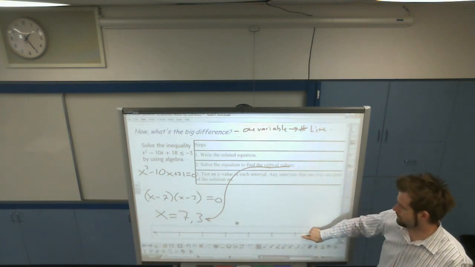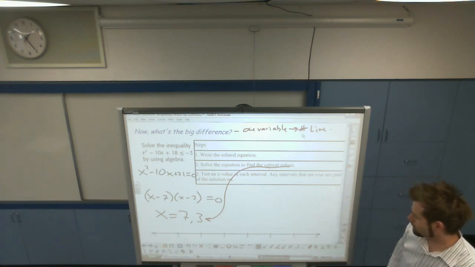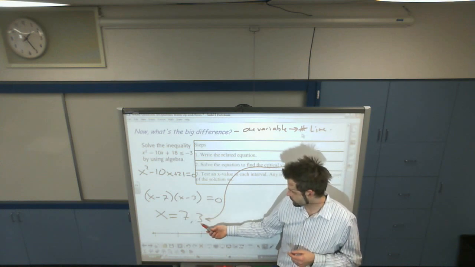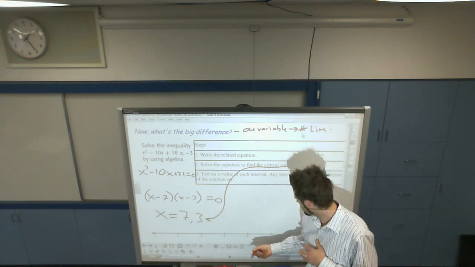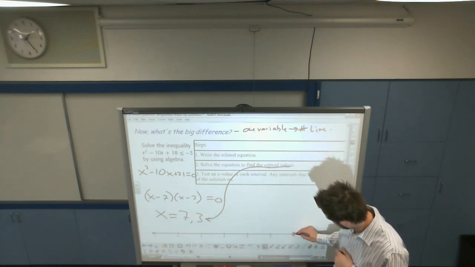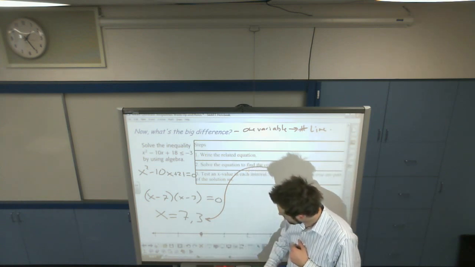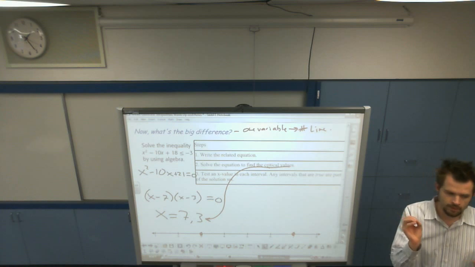Okay, so here it is. Now, I'm going to take the two roots, the two critical values that I got, 7 and 3, and I'm going to put a filled-in circle on 7 and a filled-in circle on 3. Notice I'm putting a filled-in circle, not open circles.